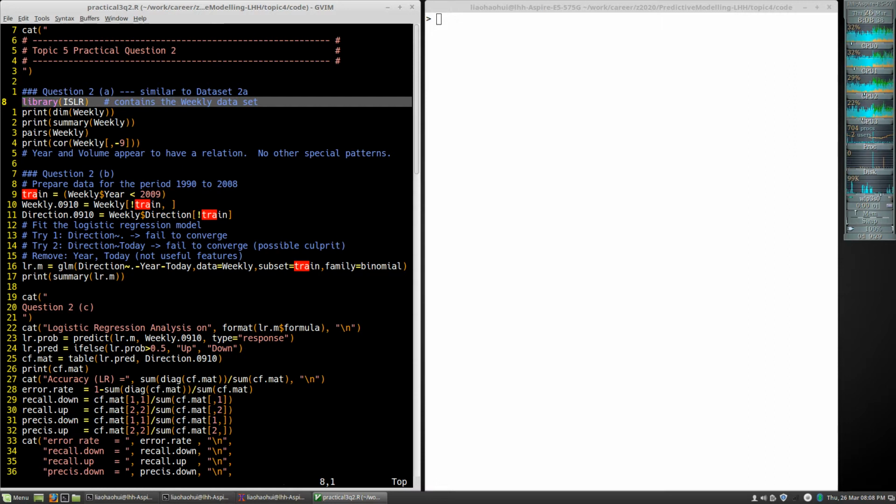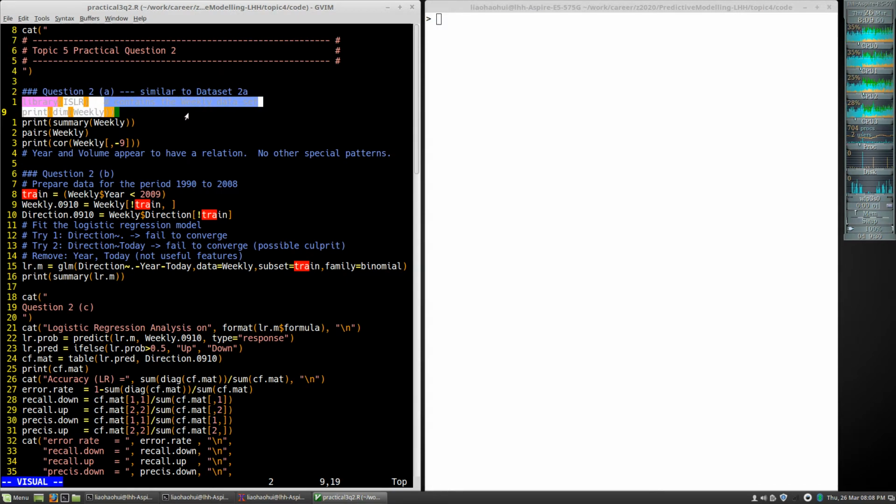Part A asks us to produce some numerical and graphical summaries for the weekly data, and to say whether there are any patterns we can observe. So we perform some descriptive statistics to study the relation between columns.